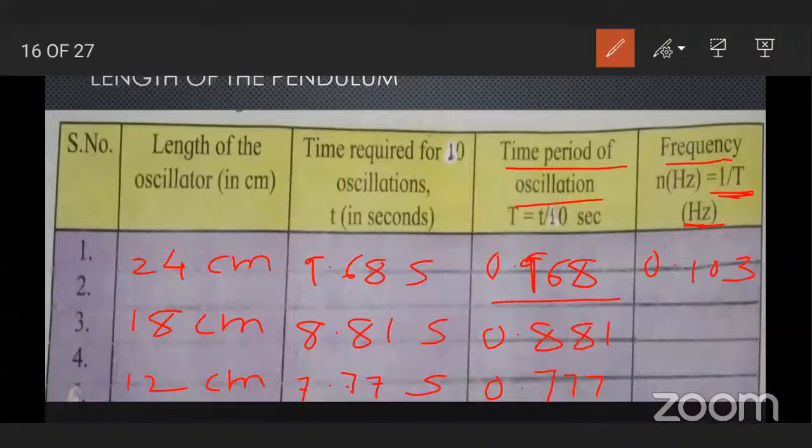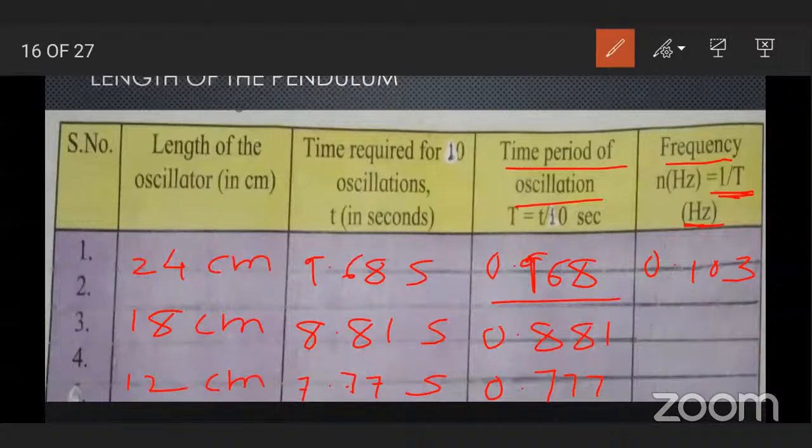Okay, I'm using the calculator. And second time, 1 divided by what will come? 0.881.